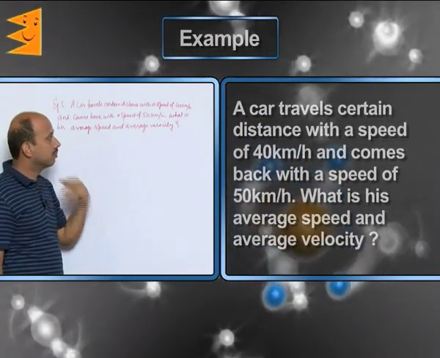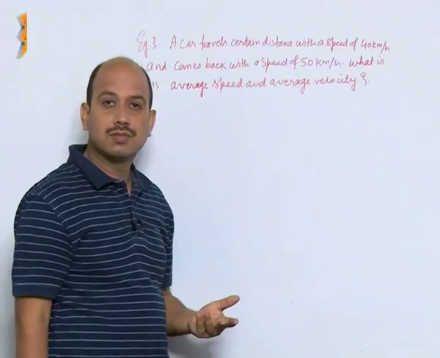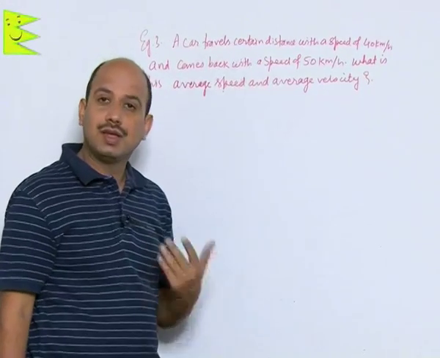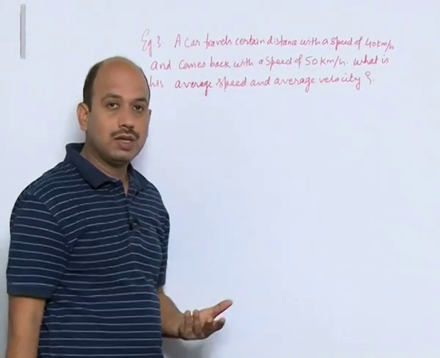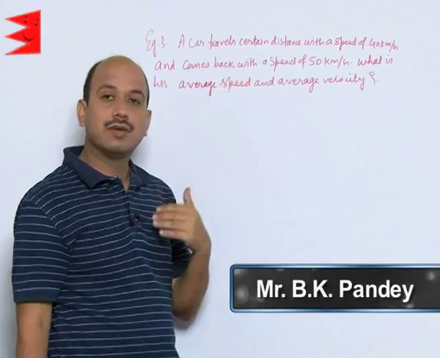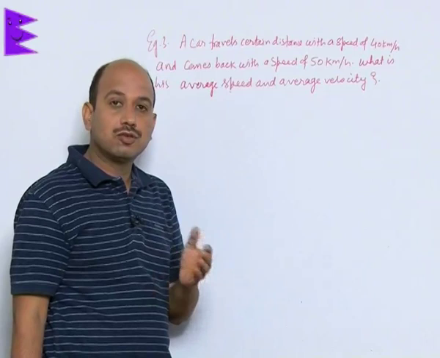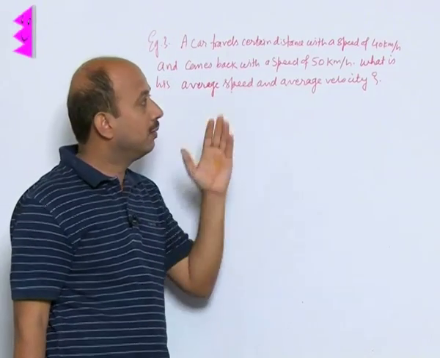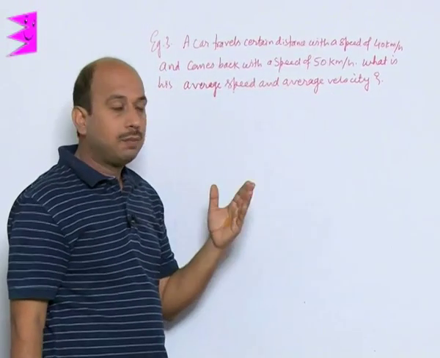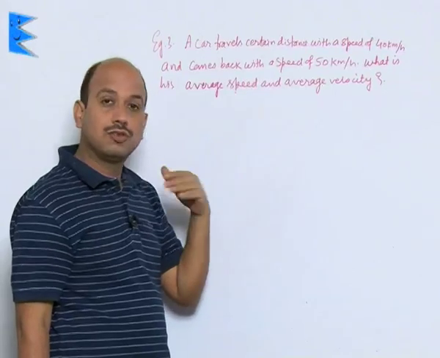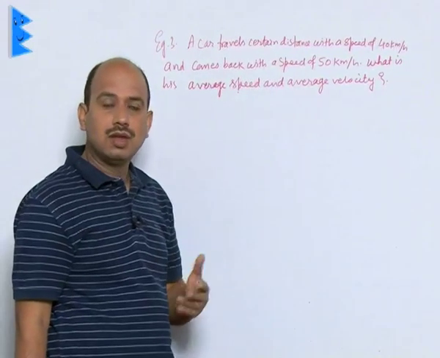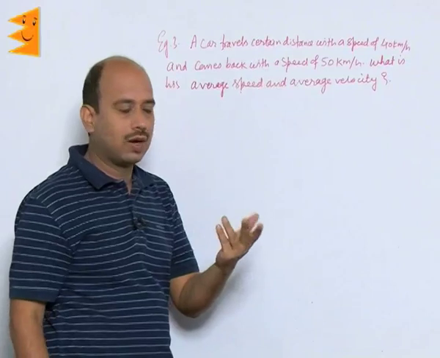Say in this question, you are not given distance and also you are not given time. You have to calculate average speed as well as average velocity, for which we need total distance as well as total time. Both are missing here. So, now we have to solve this question by assuming a distance, let it be x, y, whatever you want you can assume.